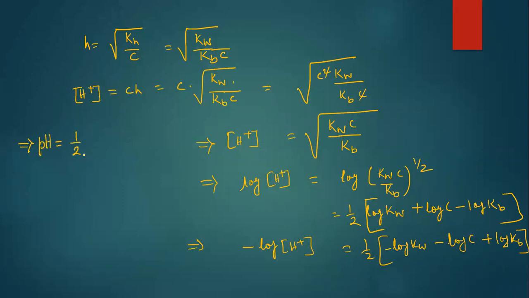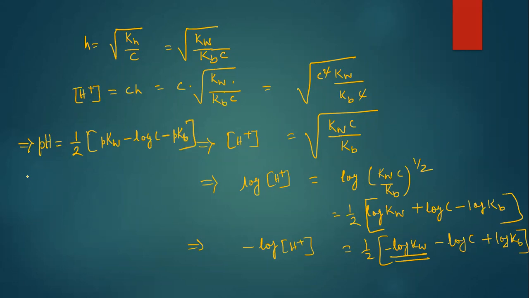Half into minus log KW is pKW. Minus log C, keep it as it is, and here we have log KB. So here it will be minus pKB, because you don't have a negative sign, so you have to write minus pKB.